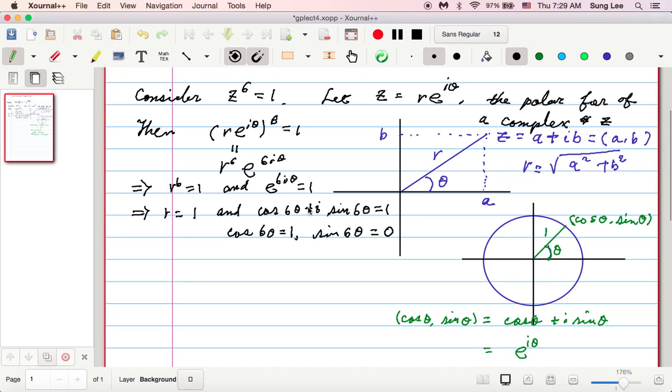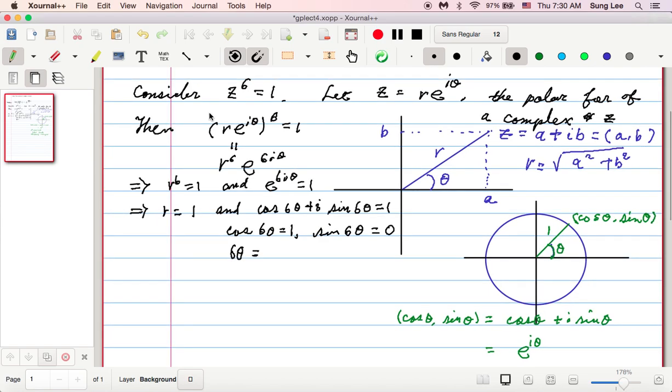Okay, so for 6 theta greater than or equal to 0 and less than 2 pi, it looks like I'm still not fully awake.